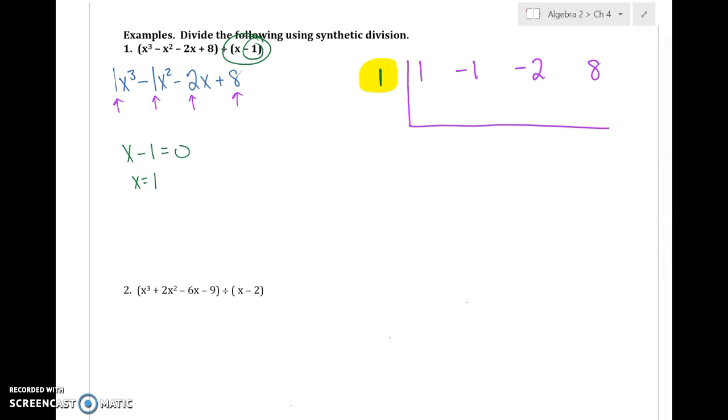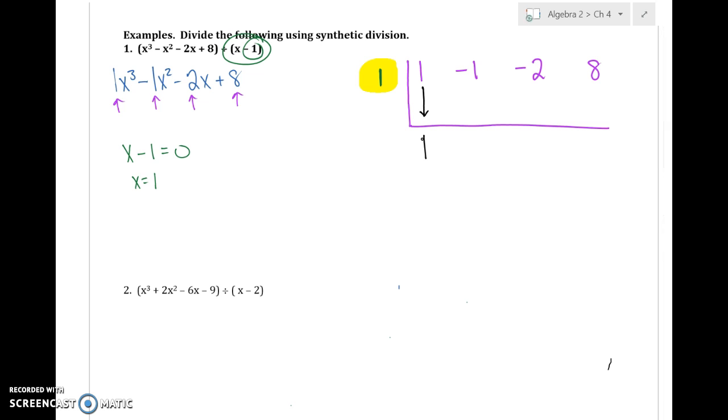Okay. Are you paying attention? Synthetic division uses a repeated pattern of multiplication and addition to crunch through the coefficients. Your first step is simply to drop this first number straight down. We have to have a number at the bottom, so drop that 1 straight down.